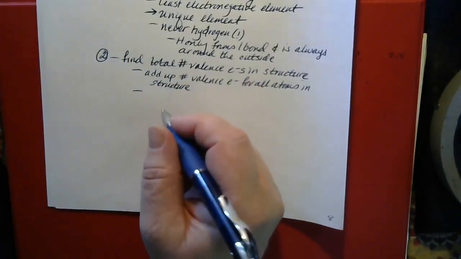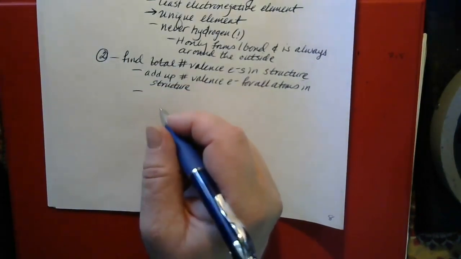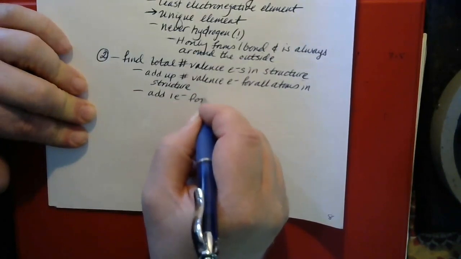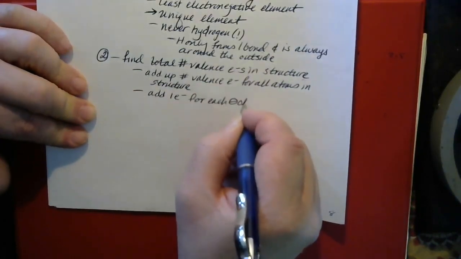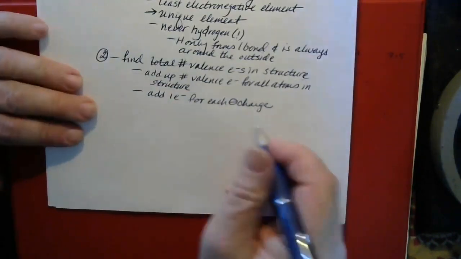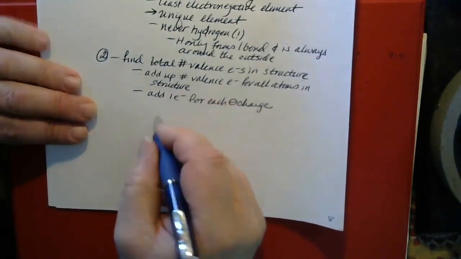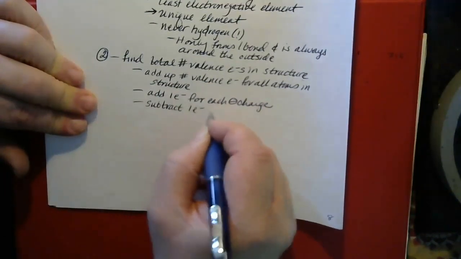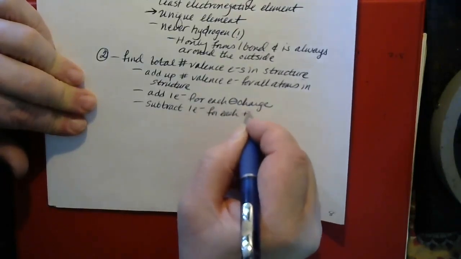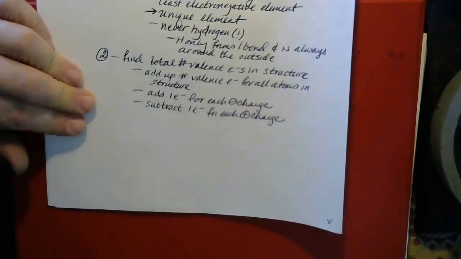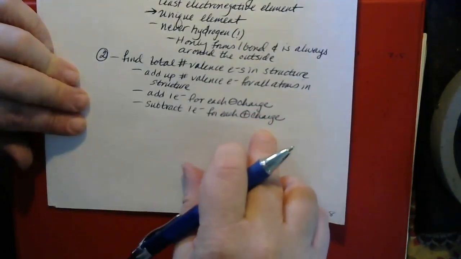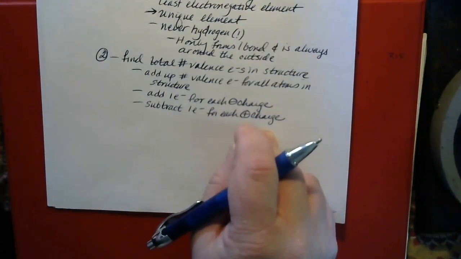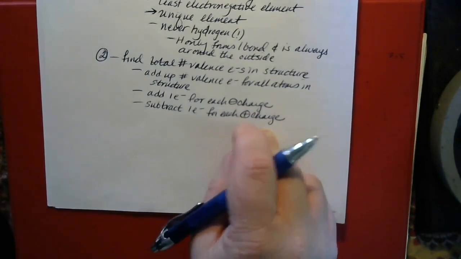If there is a charge on the structure, in other words, if it's a polyatomic ion, you add 1 electron for each negative charge. So if it has a -2 charge overall, you'd add 2 electrons to the total. And you would subtract 1 electron for each positive charge, because that's how you get a positive charge, by losing valence electrons. And so if it has a +2 charge, you'd subtract 2 electrons from the total.